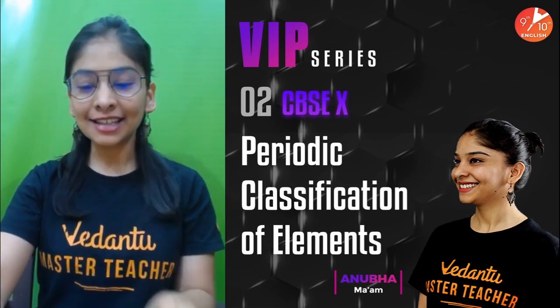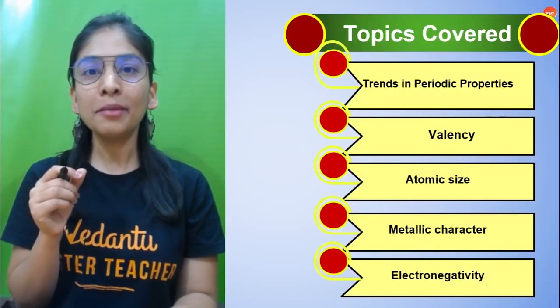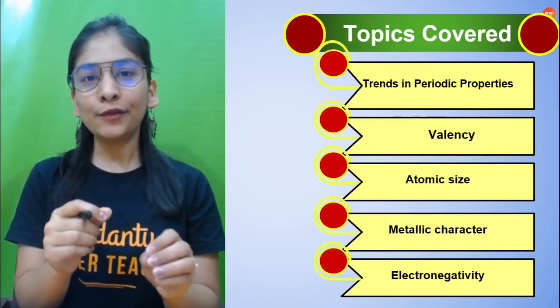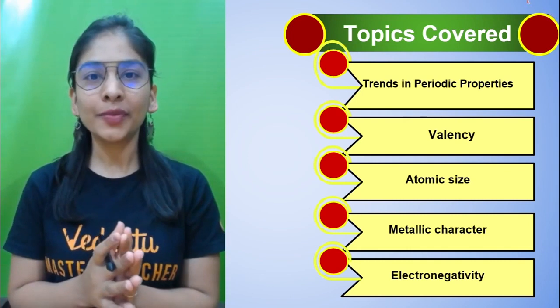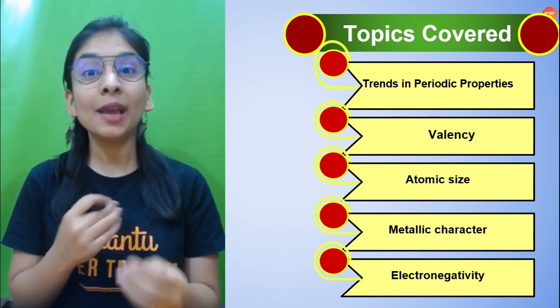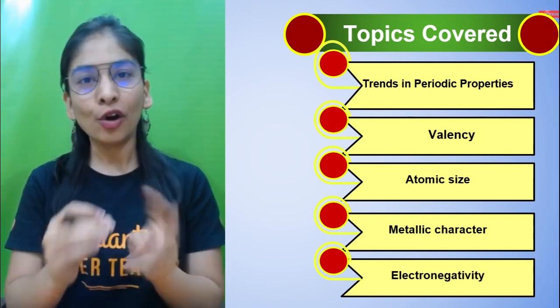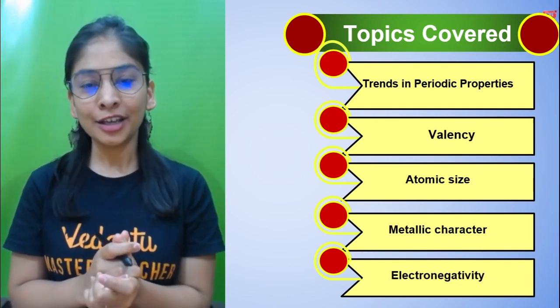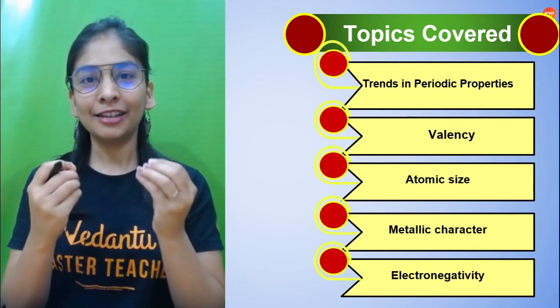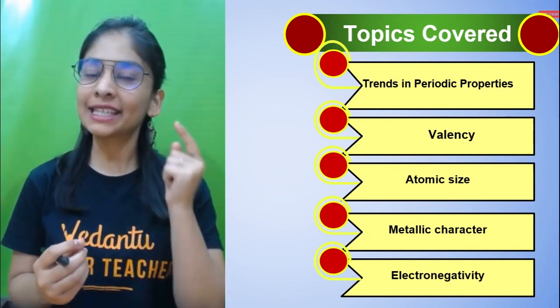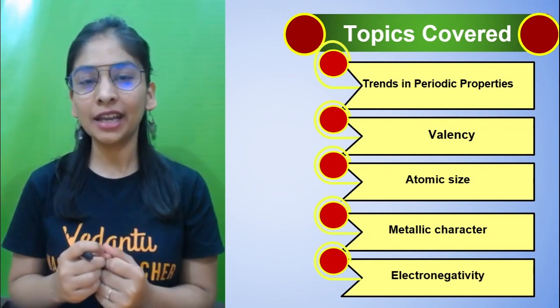What are we going to discuss in this particular video? Very much important, because trust me, if you revise this one properly, so many questions can come from the topic that I'm going to discuss, and maybe the question will be either the same or with different language. So are you ready and with me, that yes ma'am, I'll stay till the end and revise each and every important topic?